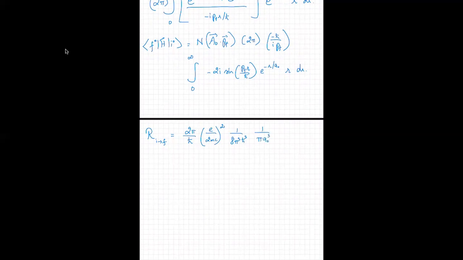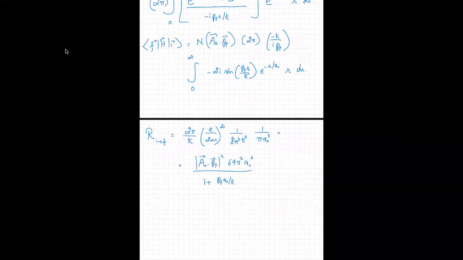That comes from the two factors of normalization, times a0 dot pf mod square, times 64 pi square a0 to the 6th, divided by 1 plus something, and then there's a delta function Ef minus Ei minus h bar omega.